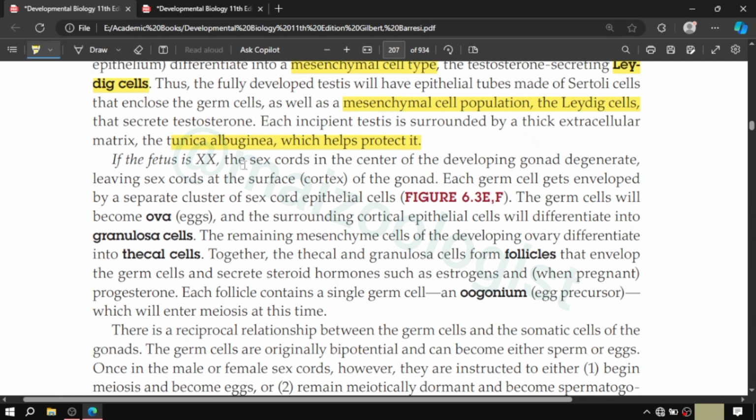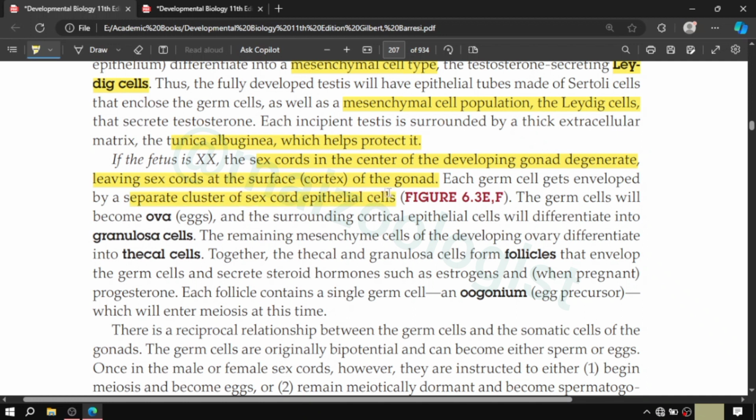Now let's say that instead of XY, the fetus is XX, or the female genotype. Then the sex cords in the center of the developing gonad degenerate, and this leaves the sex cords at the surface, or the cortex, of the gonad. And each germ cell, as it develops, gets enveloped by a separate cluster of sex cord epithelial cells.